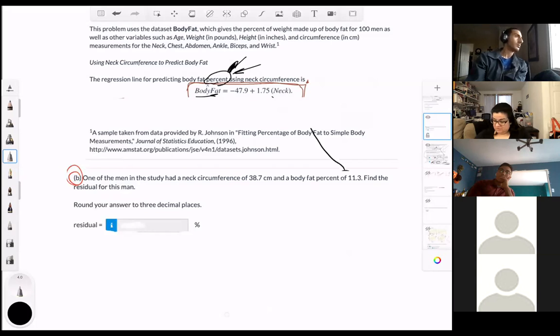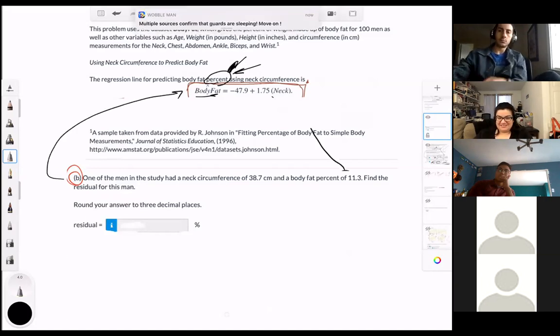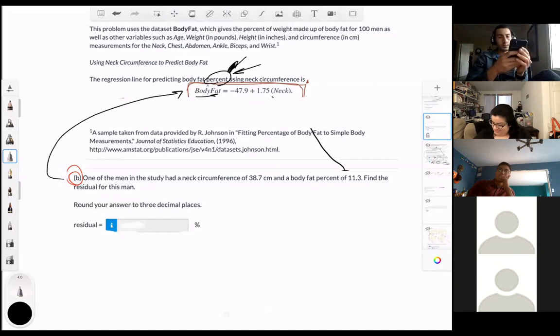No problem. So let's see what's happening on this one. What is the residual? If you don't know the formula, it's pain. If you know it, it's easy. So what did you get, Mariana? I'm trying to figure out if it's still the same formula at the top. Ray, did you do it?